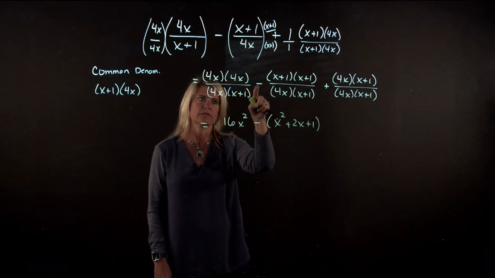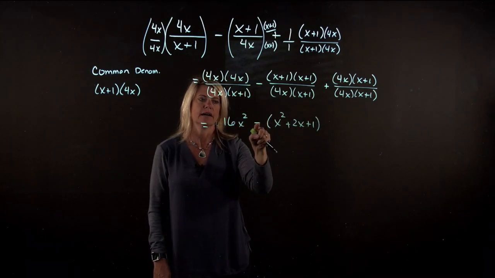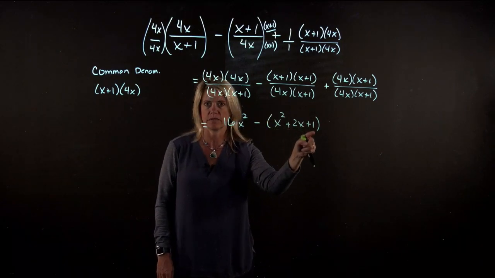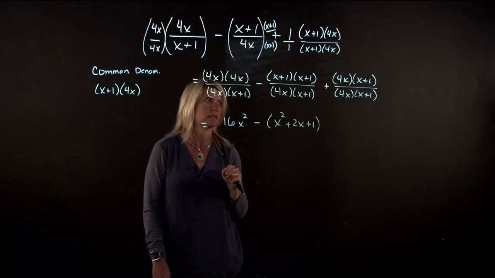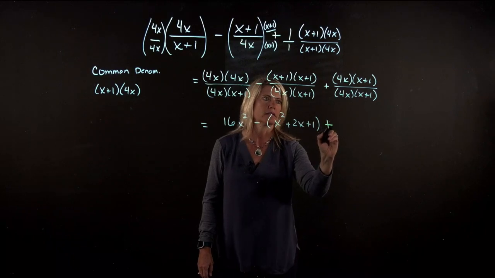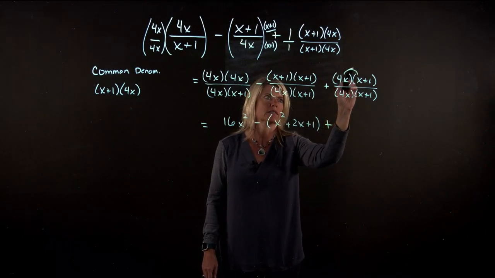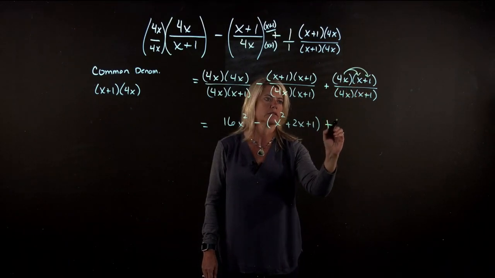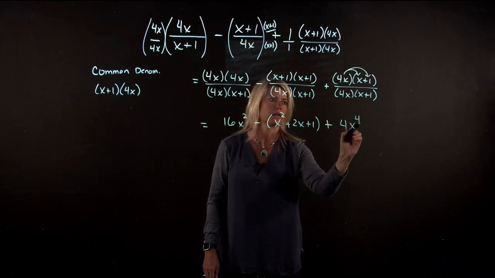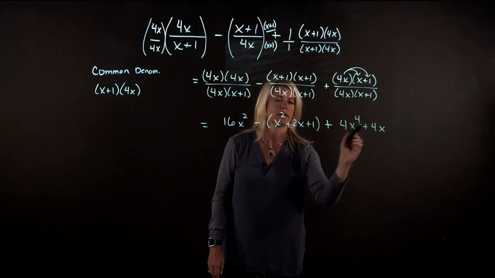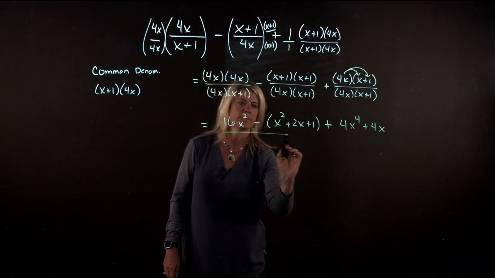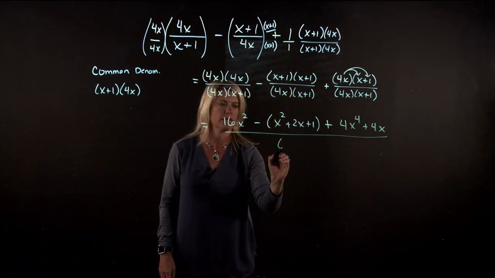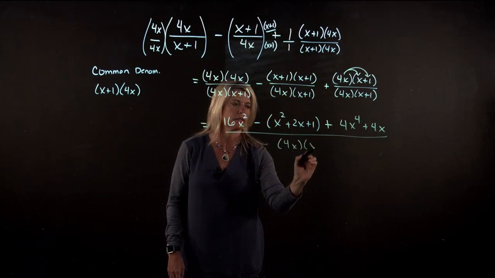And I'm being really careful about this negative sign because I have to subtract each term of the binomial. That's why I've put it in parentheses here. Plus, distribute this 4x to each term of this binomial. It's going to be 4x squared plus 4x. And then this is all over one common denominator of 4x times x plus 1.